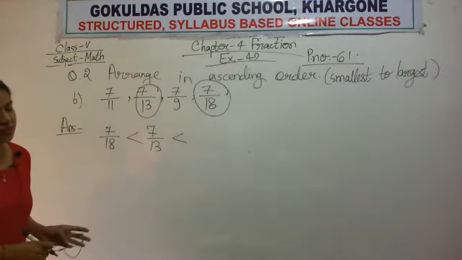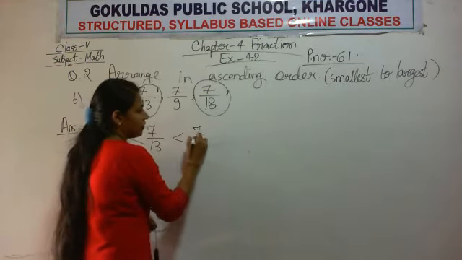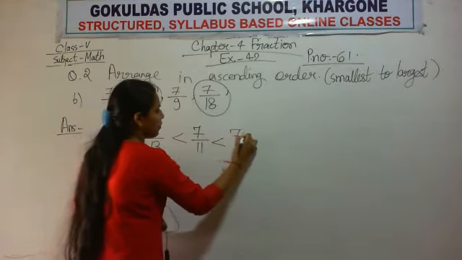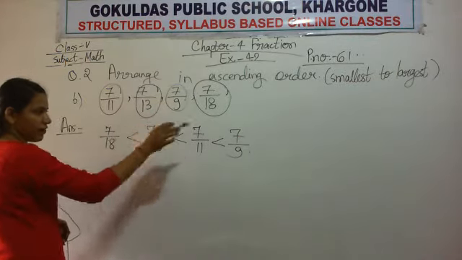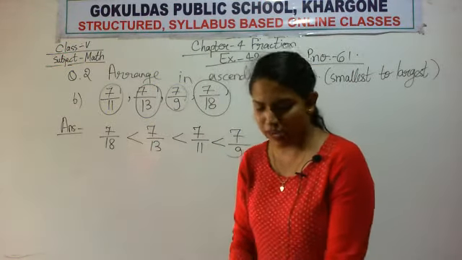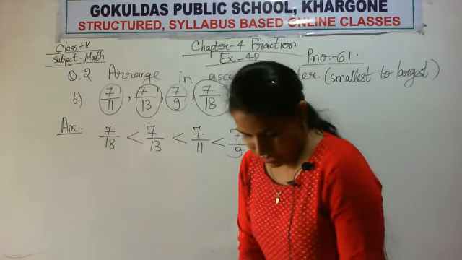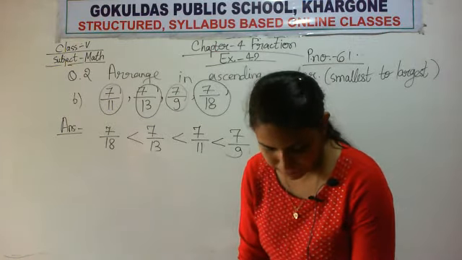Now check the next. Among these two, 7 upon 11, then the last one will be 7 upon 9. So we have done all the questions. We have written all the fractions. This is how we arrange the fractions in ascending order.